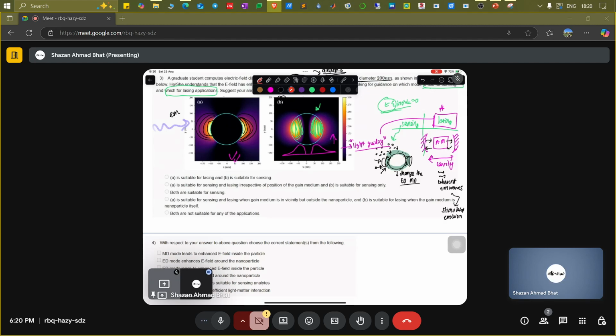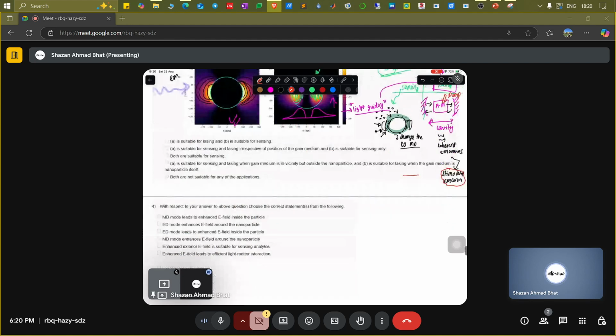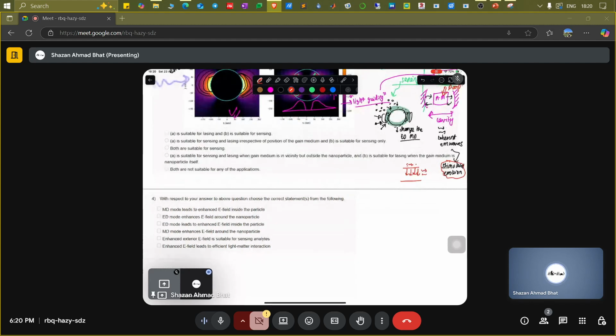Something is pumping this active medium, giving it energy so that stimulated emission can happen. In stimulated emission, the electrons all come down suddenly and simultaneously and emit photons which are coherent. So those waves are coherent in nature, and that gives rise to lasing.